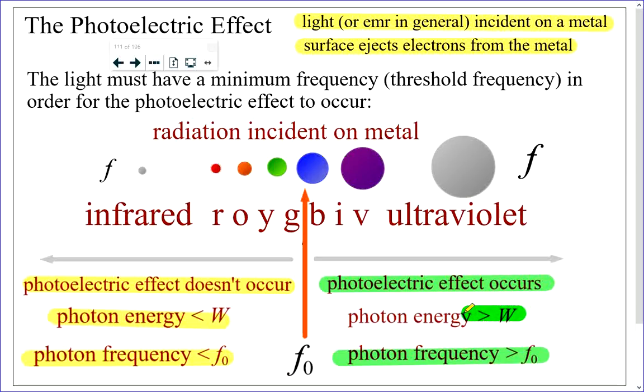If the photon energy is more than that, then it has more than enough energy to eject the electron. And by the way, since energy equals Planck's constant times frequency, this is the reason why if the photon frequency is greater than the threshold frequency, the photon energy is greater than the work function.